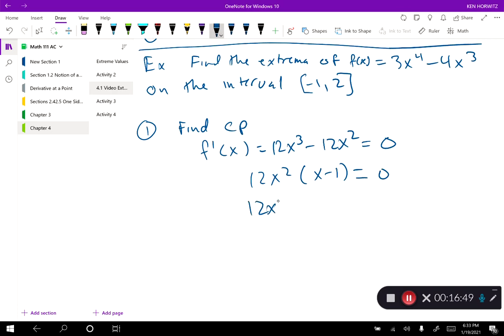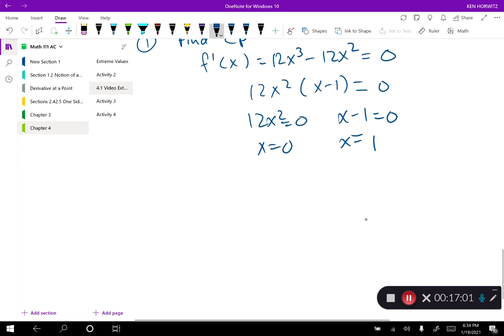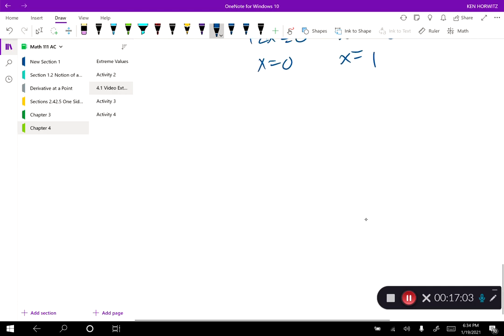So 12x squared equals 0, x equals 0. So I got x equals 0, x equals 1. Now I like using a chart. You don't always have to use a chart, but I like it because it helps me keep my stuff organized. I'm going to say LE is left endpoint.